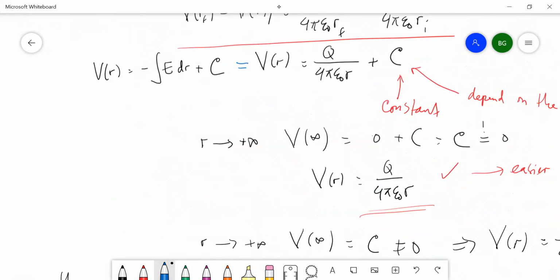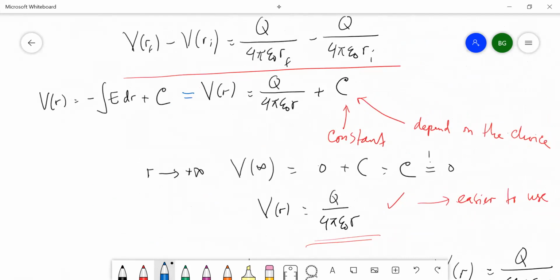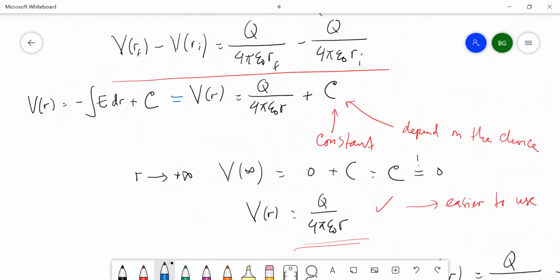This constant we also call the point of reference, so it depends on the choice.